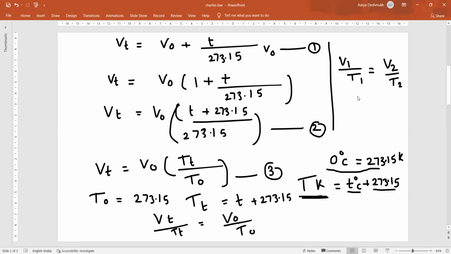Now, you can write again for this in common terms, V upon T will be equal to a constant, which is denoted by K2.